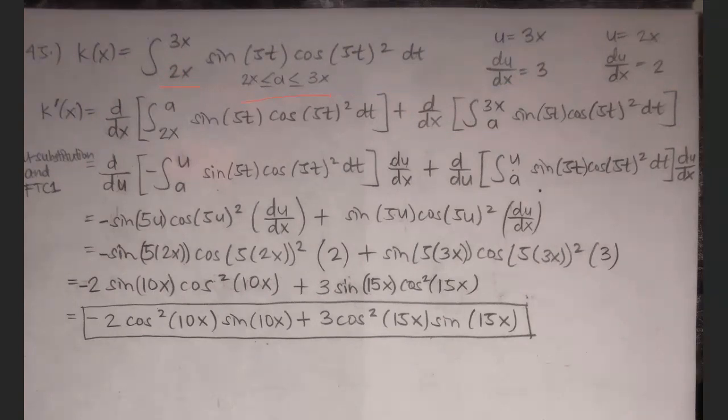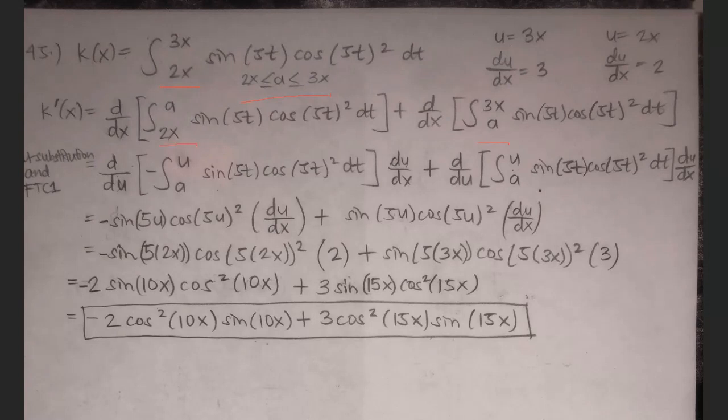A can be any number. Maybe if x is not 0, it is in between those two values, 2x and 3x. Then split this integral into two parts, writing 2x to 3x as 2x to a and a to 3x.